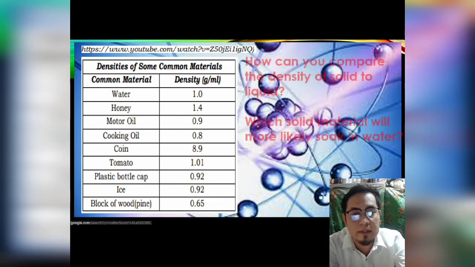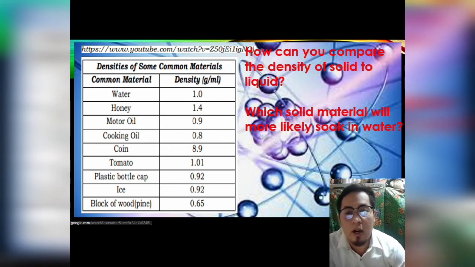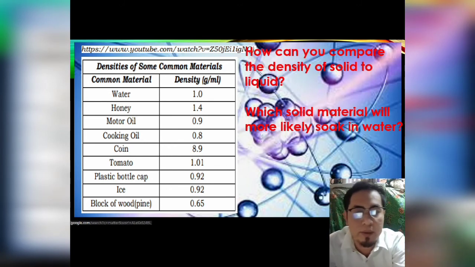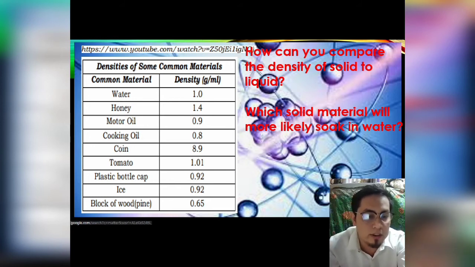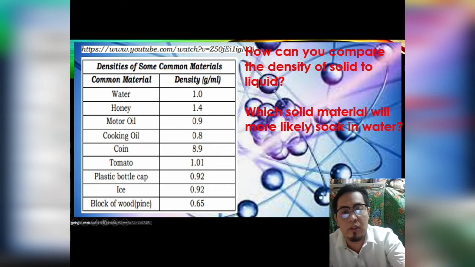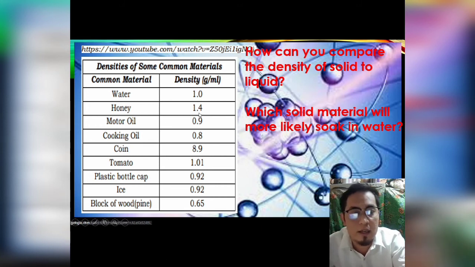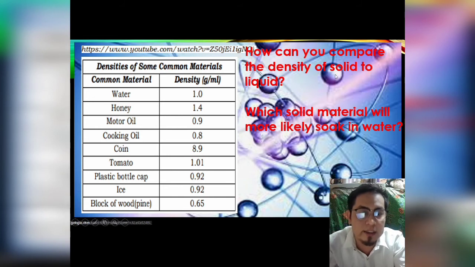Now, question. How can you compare the density of solid to liquid? When we compare the density of solid to liquid, we can say that solid is denser than liquid. How are we going to say that solid is denser than liquid?